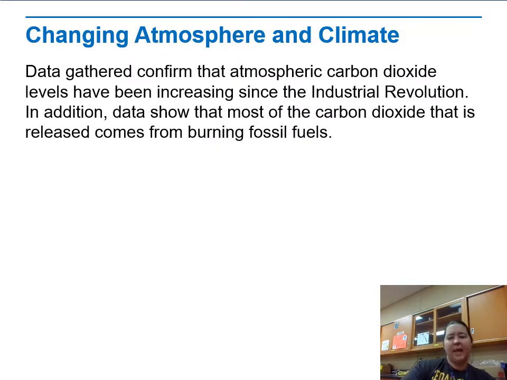We have been gathering data in climate research for a very long time. And we have seen that the carbon dioxide levels are actually increasing. And it shows that most of that is related to the Industrial Revolution. And in the Industrial Revolution, that's where we were really starting to get machines that were powered by more than just human power.